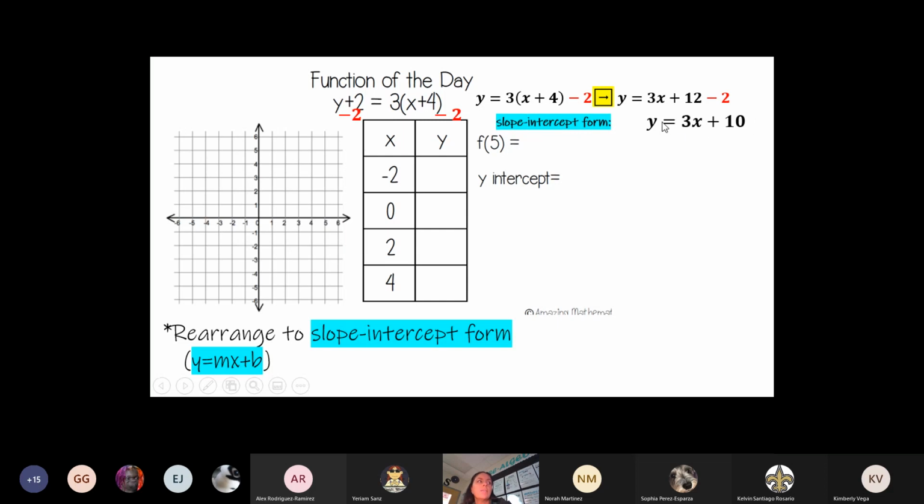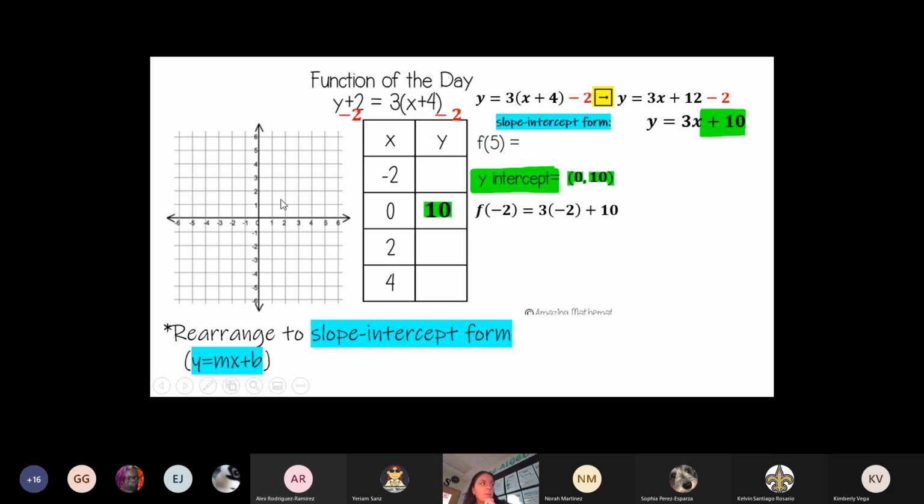Now I can use this function to fill in this table. The first thing I'm going to look at is that positive 10, because that's my y-intercept. So I can list my y-intercept as 0, 10. I can also put that in my table, because anytime my x is 0, that's going to be my y-intercept of 10.